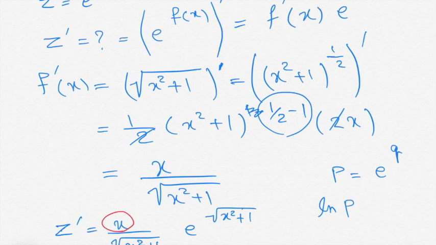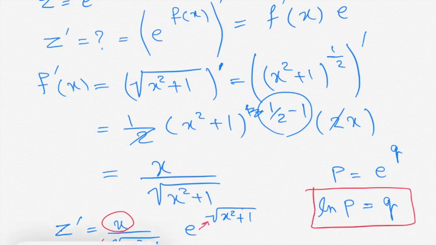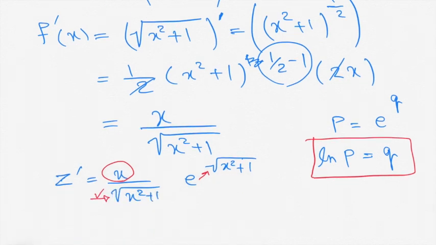If p is equal to e to q, then ln of p will be equal to q, right? So you see that we have something here, and we need to create this. Therefore, and we have it in the power of this e. Therefore, we use this as our solution.